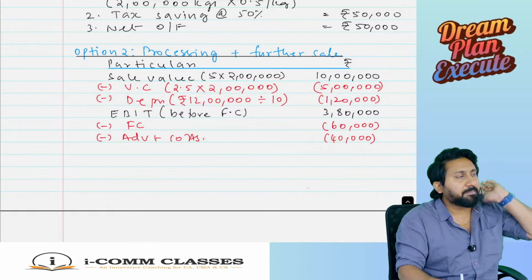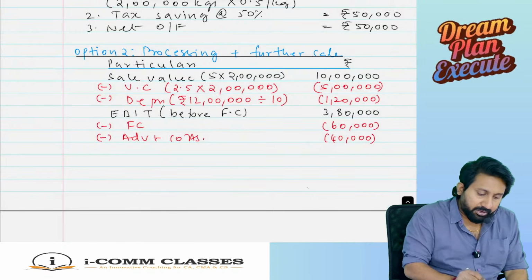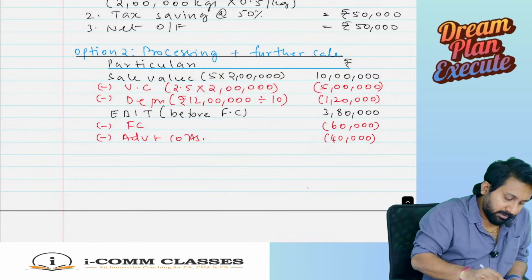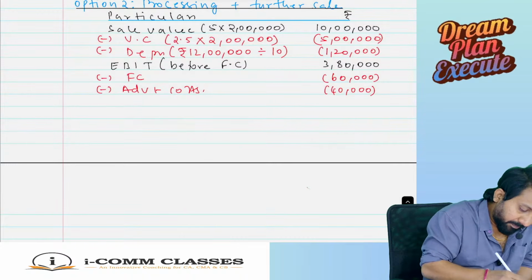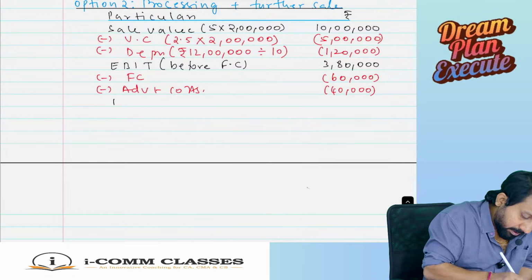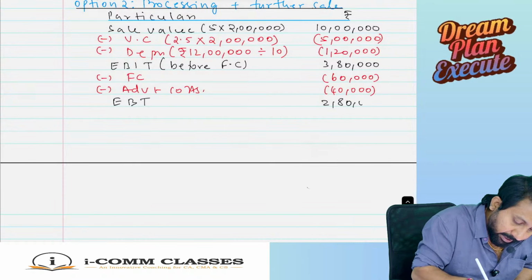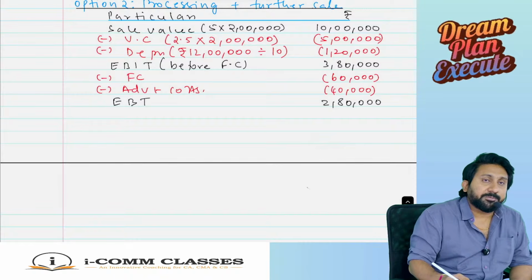Listen, not yet completed. Please listen. Up to here, everyone understood all the adjustments clearly? Okay. Write down. Earnings before tax. Tell the value: 2,80,000. You know the adjustment clearly.